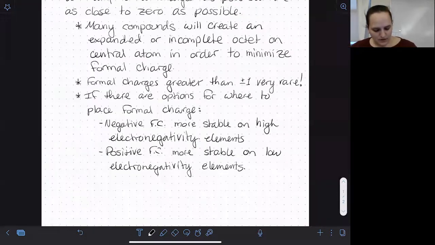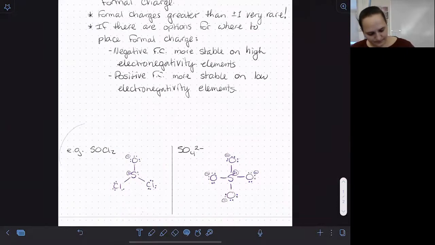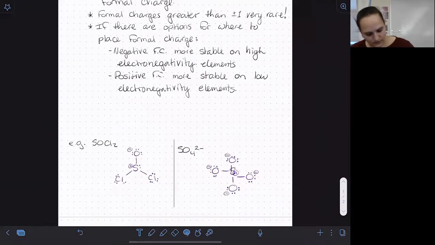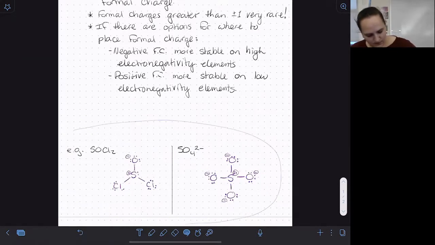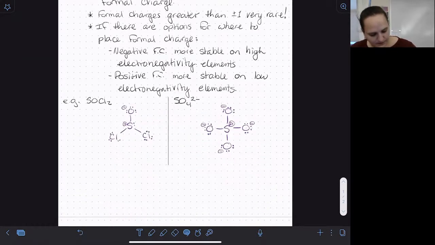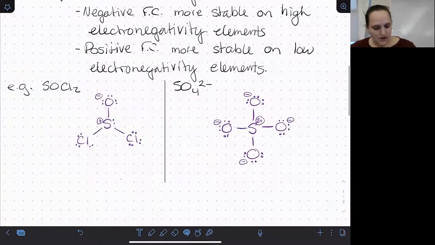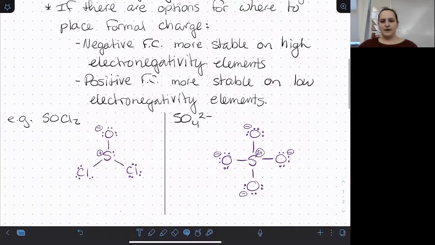In the previous lesson, we looked at these two examples. We drew structures based on the rules that we've been following, came up with things that follow the octet rule. So they are valid structures, but they're actually not the best structure in either case.